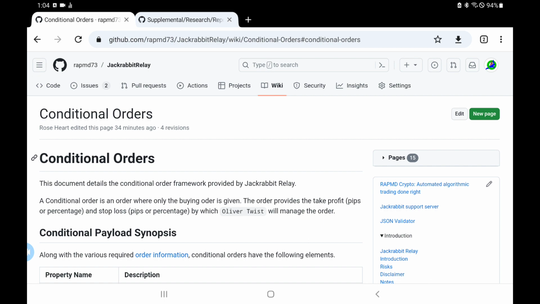It also helps double the number of alerts that you can use within TradingView. Normally you have to have one buy alert and one sell alert. With conditional orders, you only need the buy alert, and Jackrabbit Relay takes care of the selling based upon a specific take profit and a stop loss.